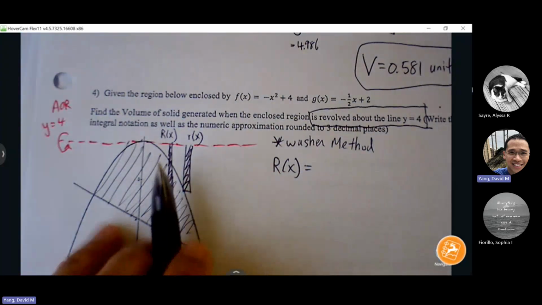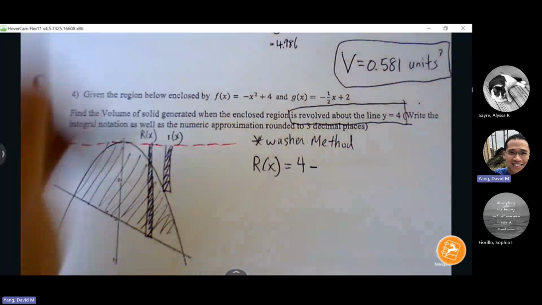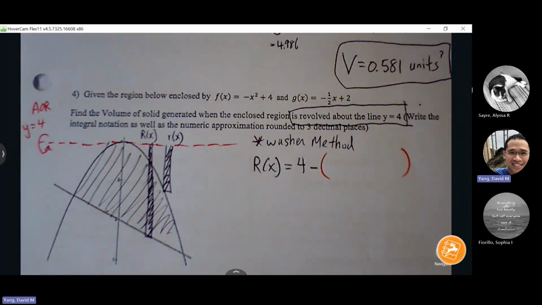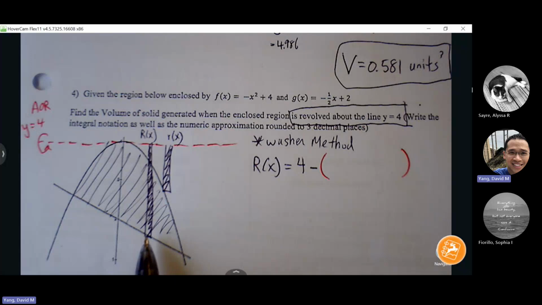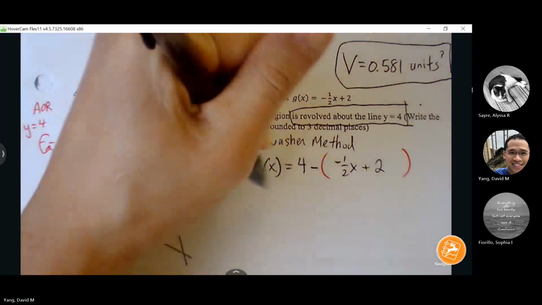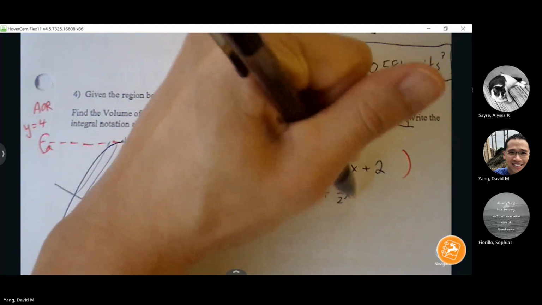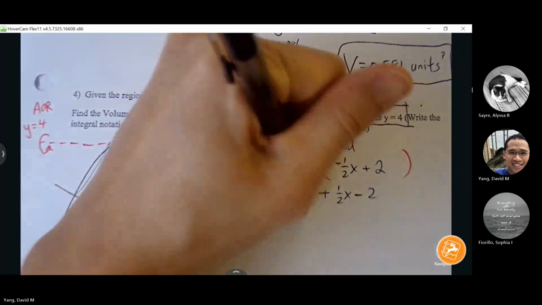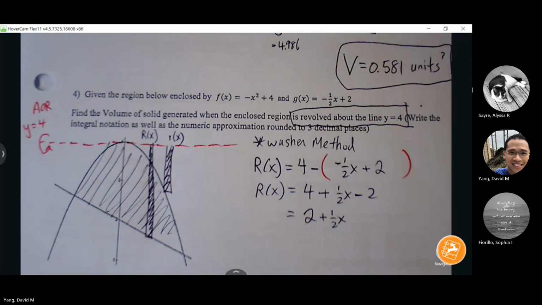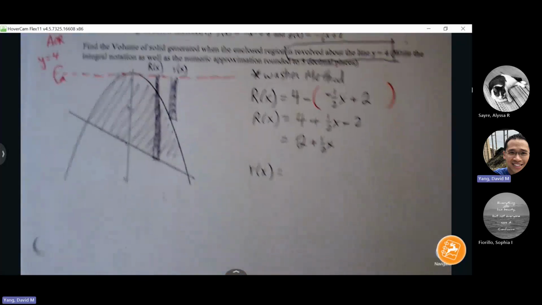Okay, top minus bottom. The top of big R is sitting at the 4 minus big parentheses. And the bottom of big radius is sitting on the linear graph, the -1/2 x plus 2. Do some cleanup here. Okay, little radius, top minus bottom.